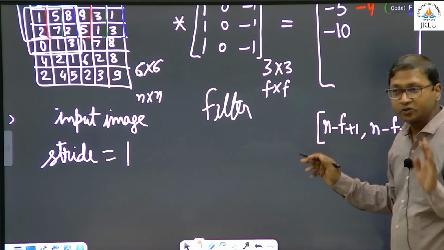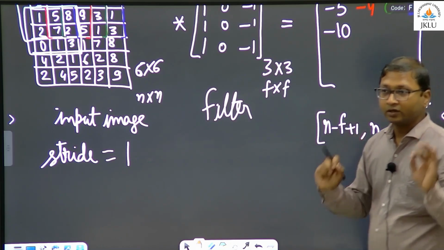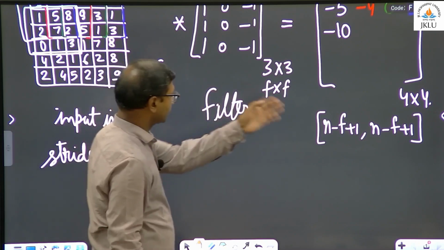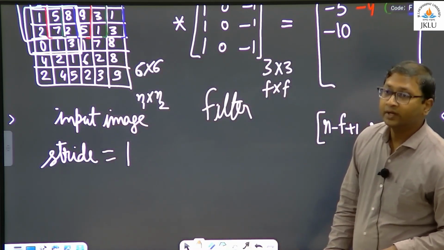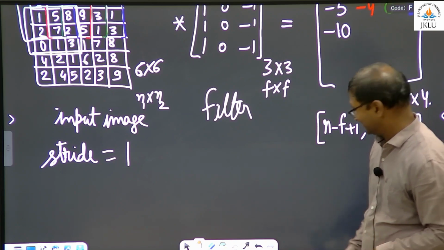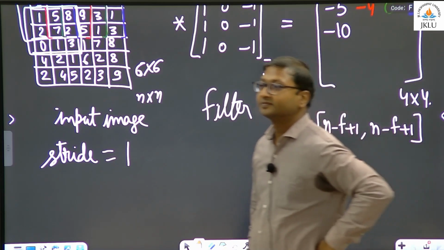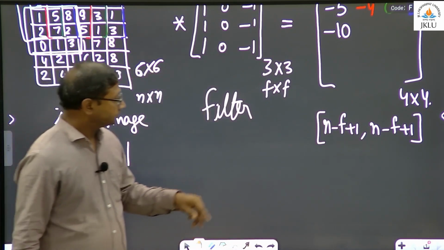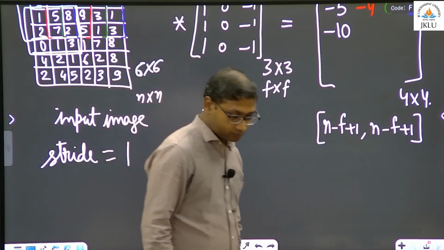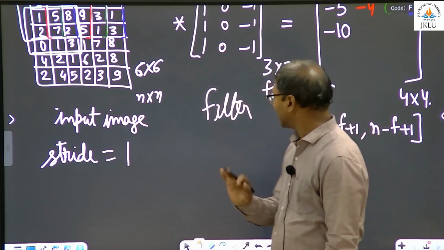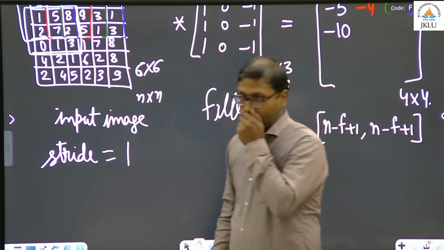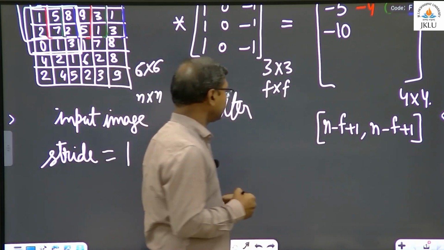There is nothing that stops you from making it n1, n2. We are keeping it simple for our calculations. Else, this can be n1 cross n2 and so on. Right? So this is what it is. Is this operation fine? All right.